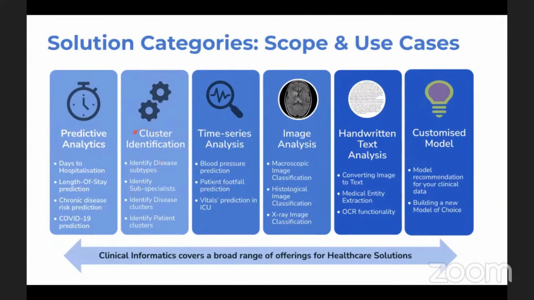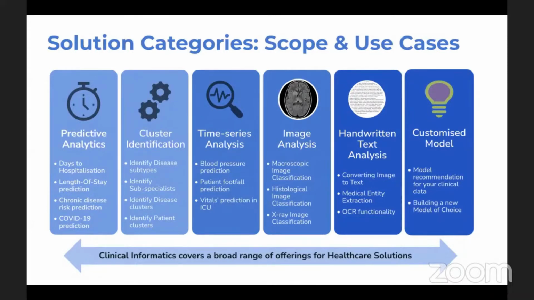Next comes the cluster identification, where you can identify disease subtypes. We can identify subspecialists. So today, things are going to a sub-specialization model, that we go for a retina specialist, we go for a strabismus specialist. So this is the domain of the ophthalmologists.